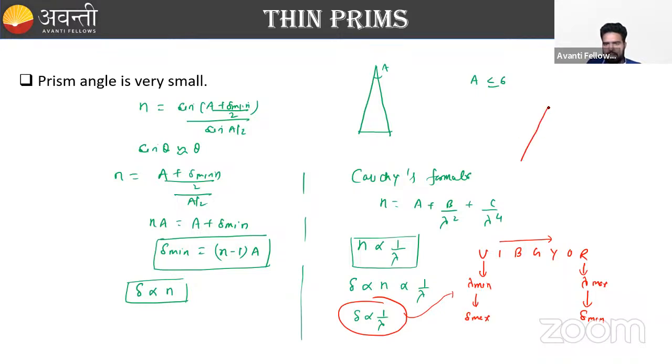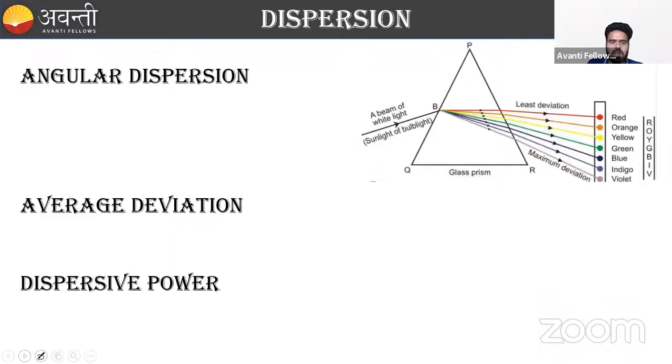So we can say that this is our prism and light is traveling in this manner, and after the refraction, if you consider, this ray is breaking into its 7 colors. The ray which suffers the most deviation is the violet ray, and the least one is the red color. So here the red color is least deviated and the violet ray has the maximum deviation.